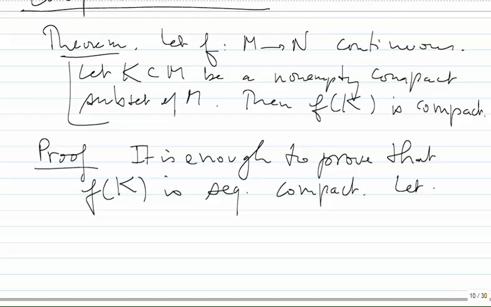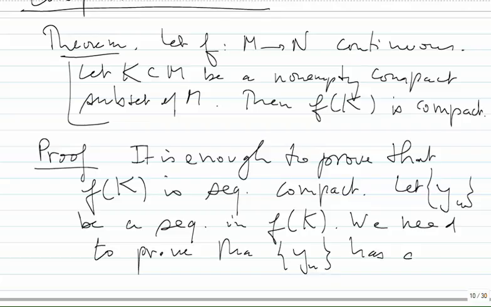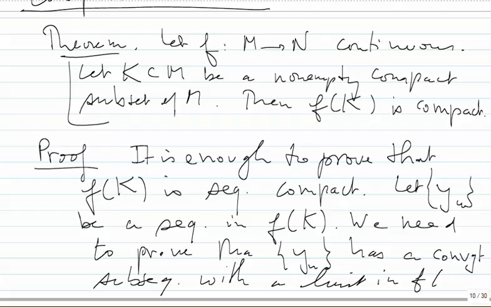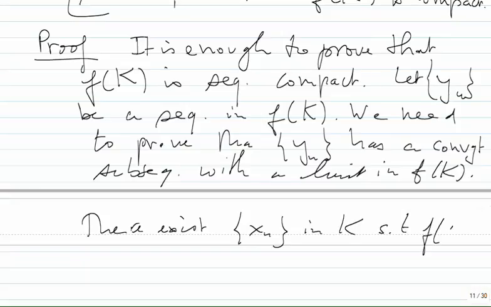For that, let yn be a sequence in f of K. We need to prove that yn has a convergent subsequence with the limit in f of K. Now we use the definition of f of K. There exists xn in K such that f of xn equals yn.